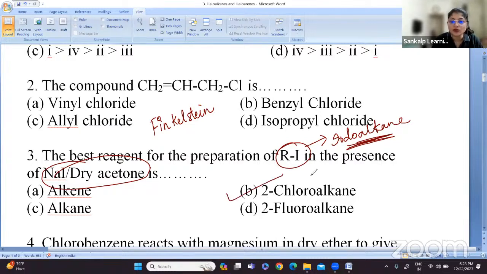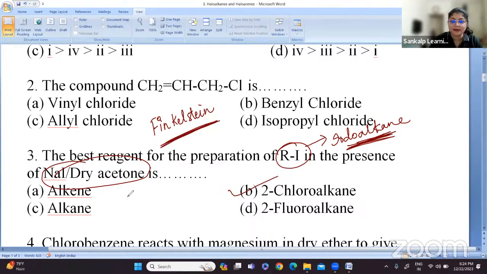So the answer is B. Whenever you want to prepare iodoalkanes, you can prepare them from alkyl chlorides or bromides in the presence of sodium iodide in dry acetone. So this is known as Finkelstein reaction.